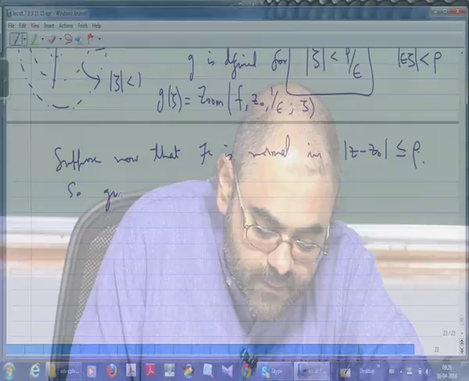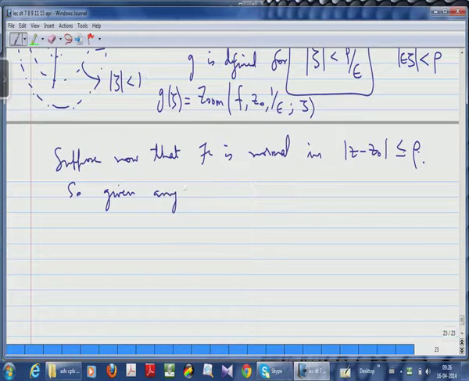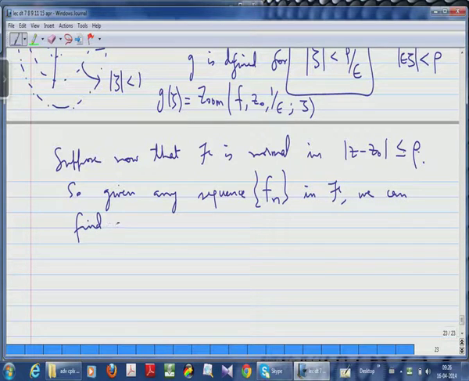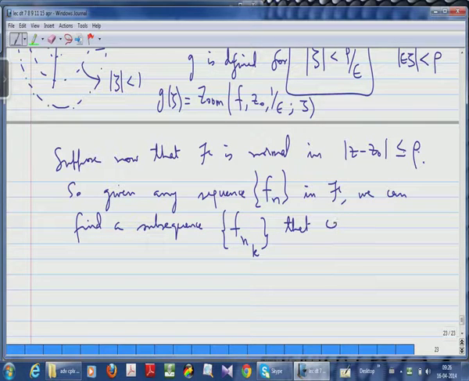So given any sequence fn in script f, we can find a subsequence, let me call that fnk, that converges normally in mod z minus z0 less than rho.